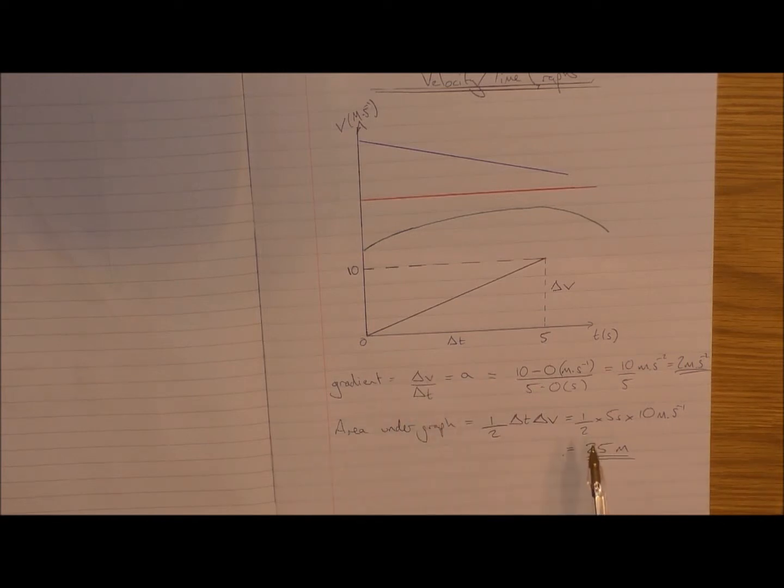The gradient of a VT graph gives us an acceleration. Find that out in the usual way, the change in y over the change in x. And the area under the graph, in this case, because when we're multiplying these units together, we get a sensible unit of meters out. That gives us the distance travelled in that time, at that speed.